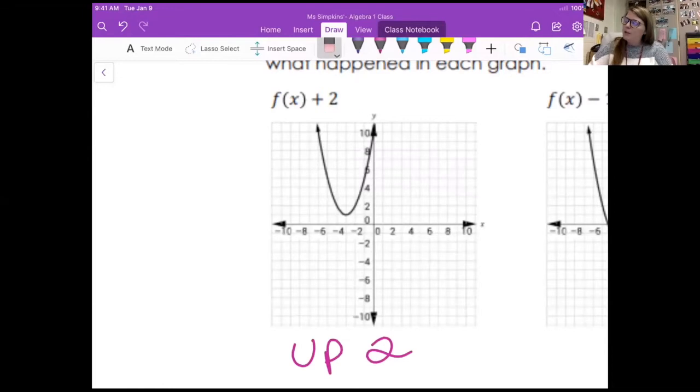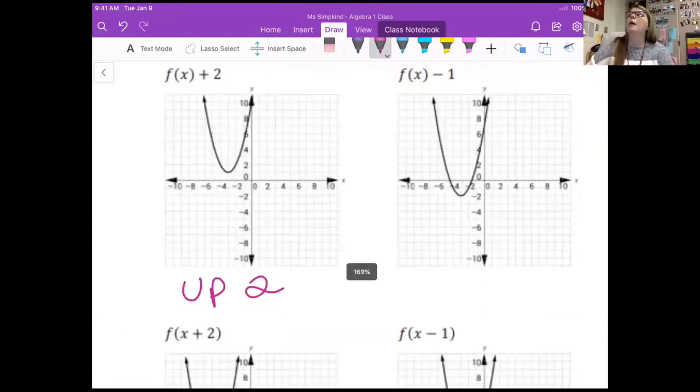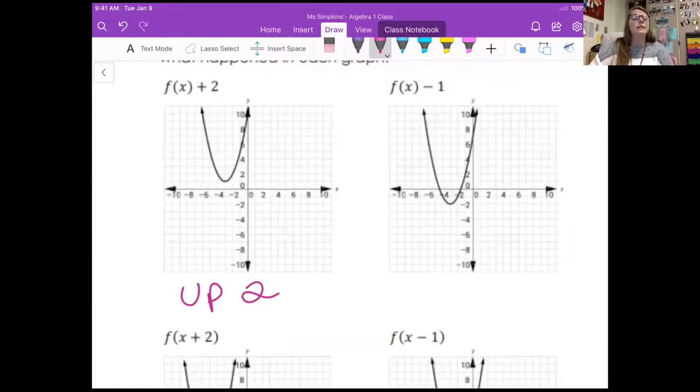What about the second graph? So the top right, how do we get from the parent, Selena? Or Ava, excuse me. How do we get from the parent to the second graph? How does it move? If it helps, you can just look at the vertex.